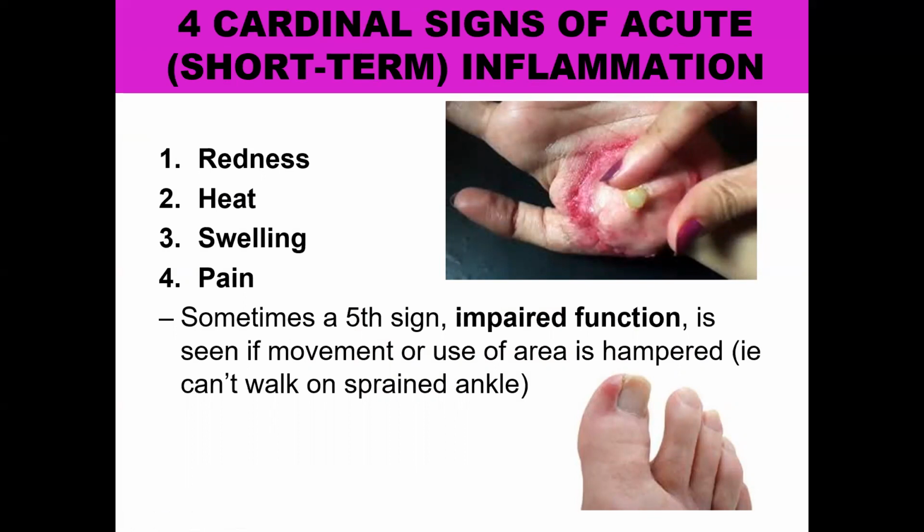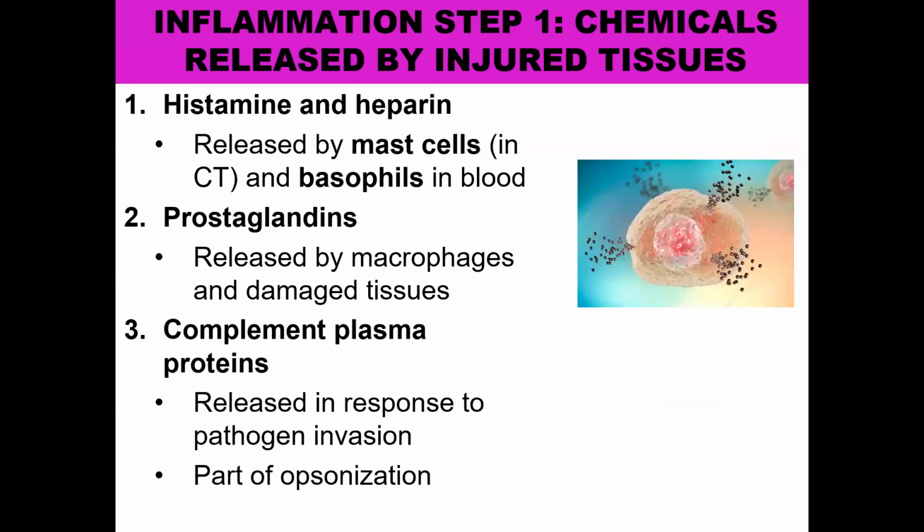Some grandma might call that like a local fever. You might feel around the wound and if the skin feels hot, it might swell like this toe right here, and it might cause some pain. Sometimes there is a fifth sign called impaired function, which basically means that you can't move or use that part of your body, and that is also protective.